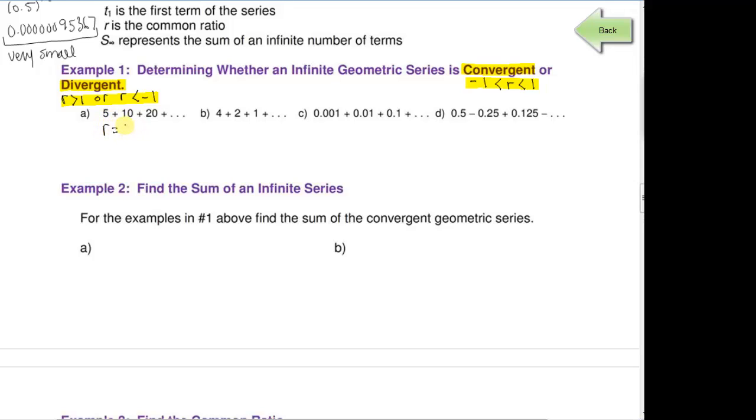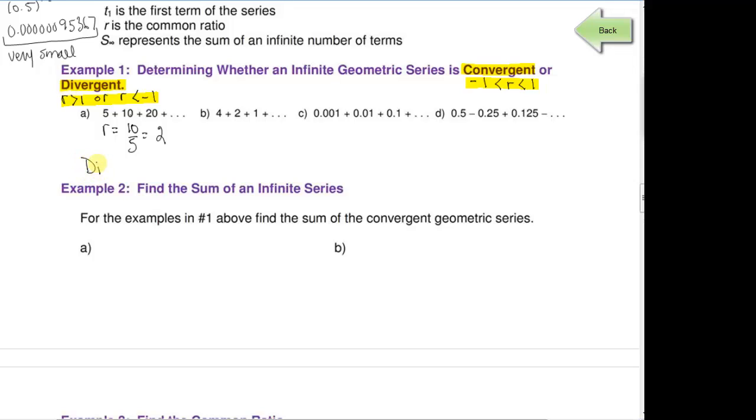So r is equal to t2 over t1, so 10 over 5, which is 2. So if we take a look at our conditions for r for a divergent geometric series, this is a situation where r is greater than 1, right? Because 2 is bigger than 1, so it fits into the condition for a divergent geometric series.